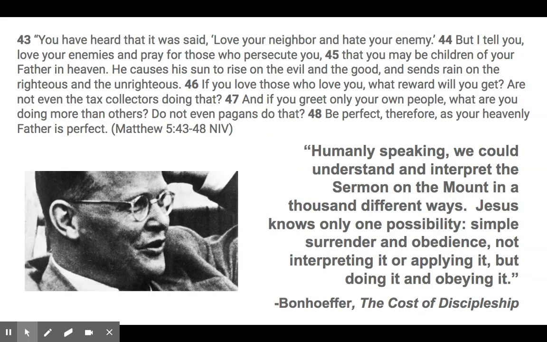In The Cost of Discipleship, Bonhoeffer wrote, "Humanly speaking, we could understand and interpret the Sermon on the Mount in 1,000 different ways. Jesus knows only one possibility: simple surrender and obedience, not interpreting it or applying it, but doing it and obeying it.